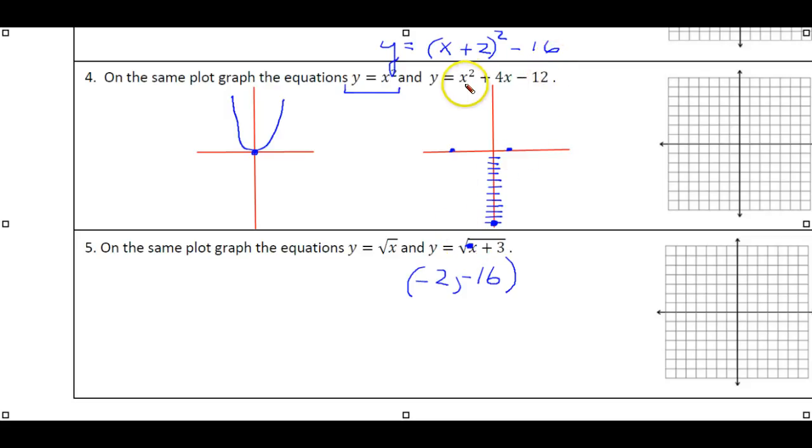And if x is 0, y would equal 12, so this is our y-intercept right there. So our parabola is going to go down through here, up through there, and this graph then would look like this, compared to this one, keeping in mind that this is your y-intercept.